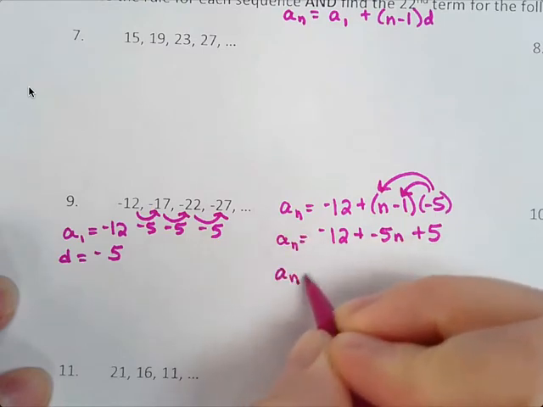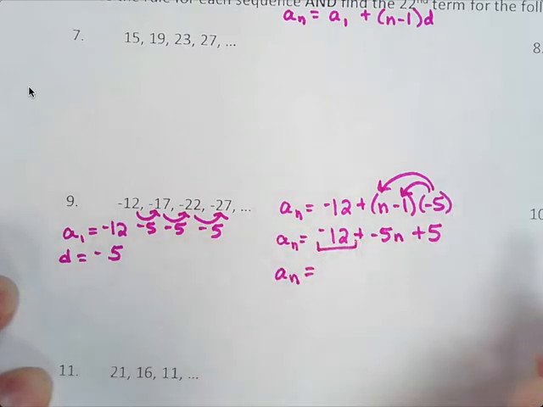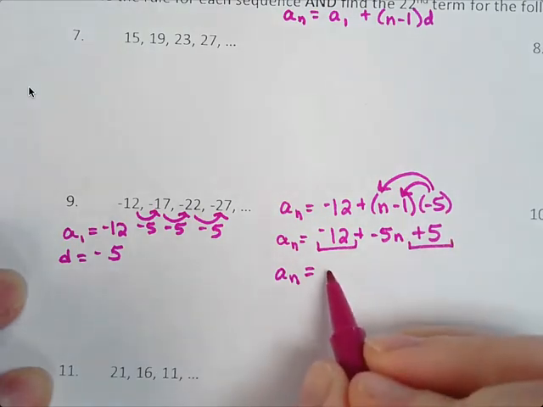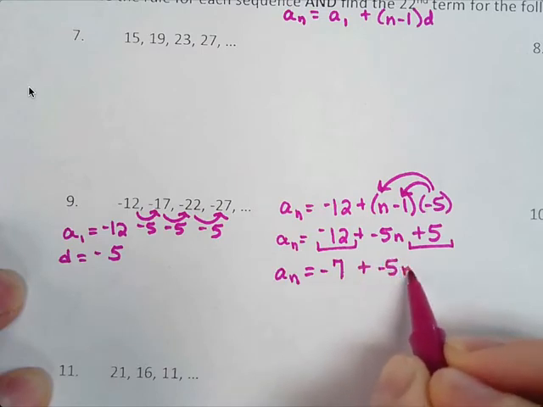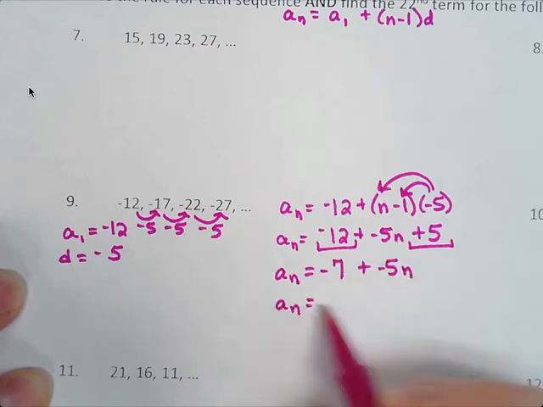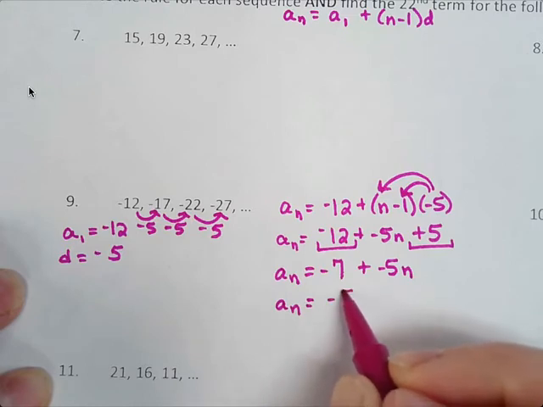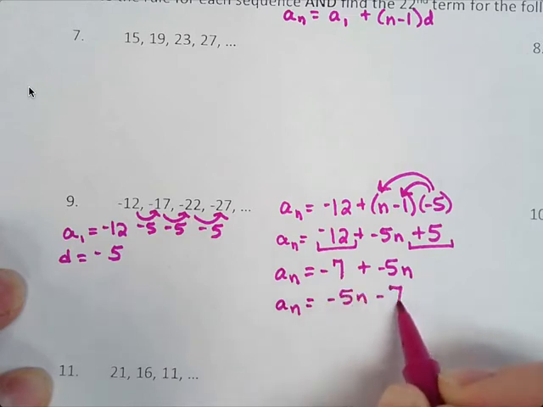And then we have AN equals, combine the like terms, negative 12 and a positive 5. Negative 7 plus a negative 5N. I'm going to rewrite it. So it's negative 5N minus 7.